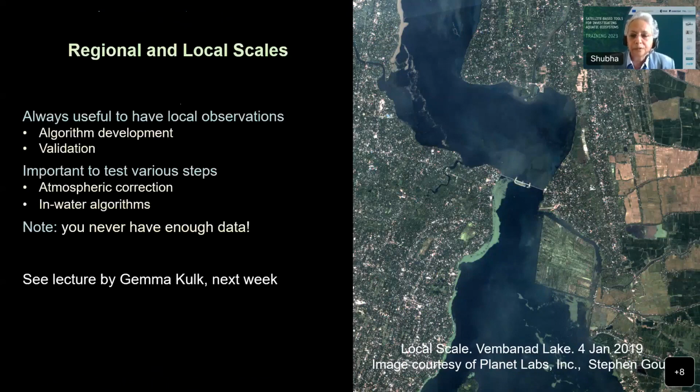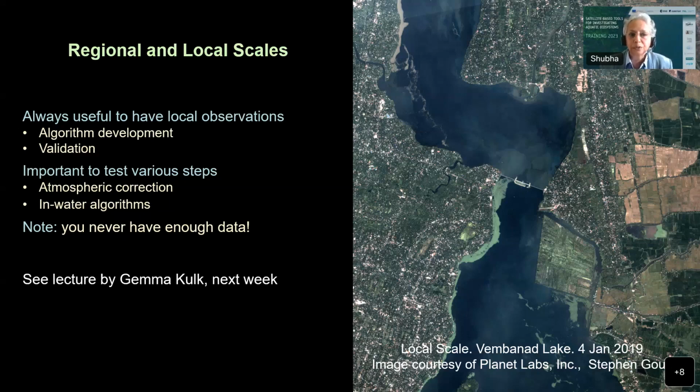But let me recall something that we have discussed in earlier lectures, and that is when you come to regional and local scales, and the more you shift to using visible spectral radiometers that were designed for land applications, you begin to make compromises and the solutions become more difficult.